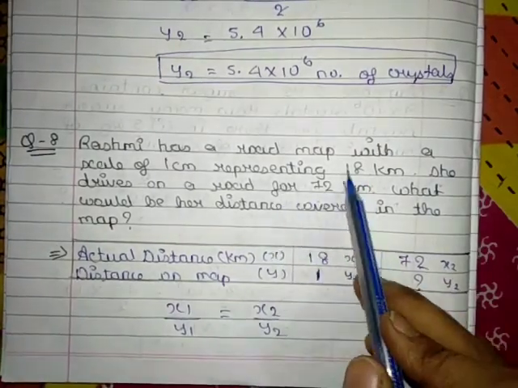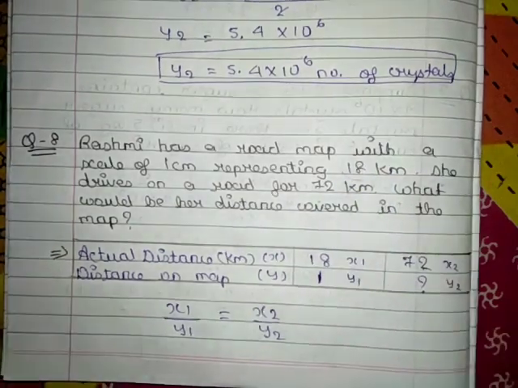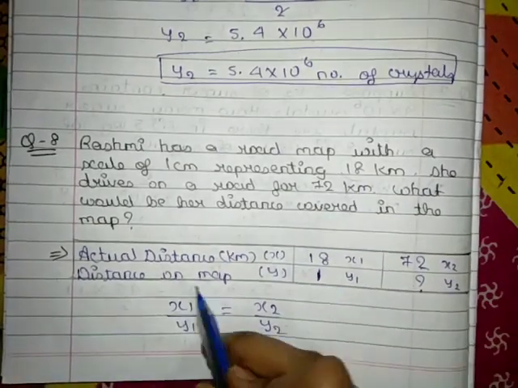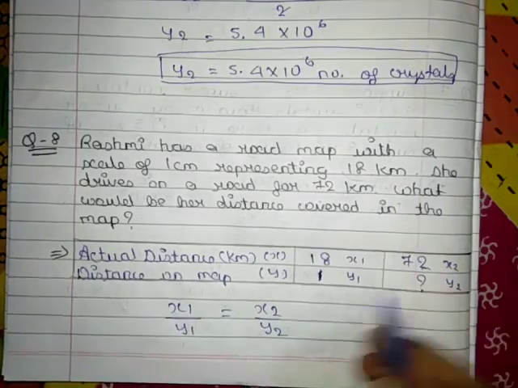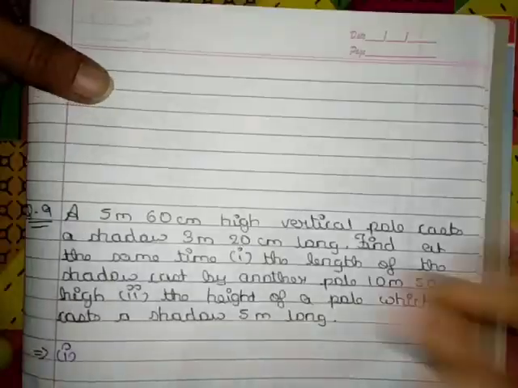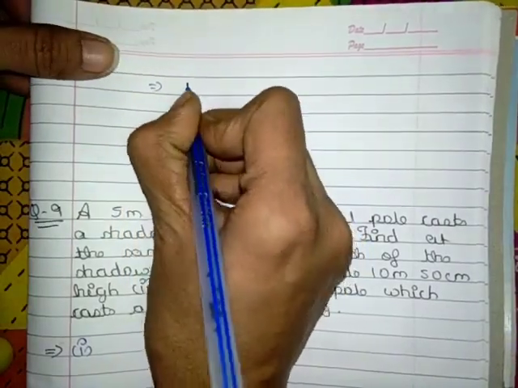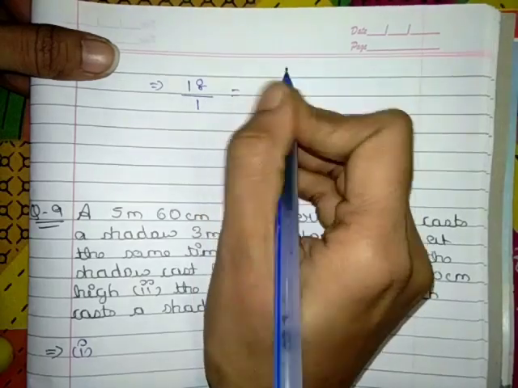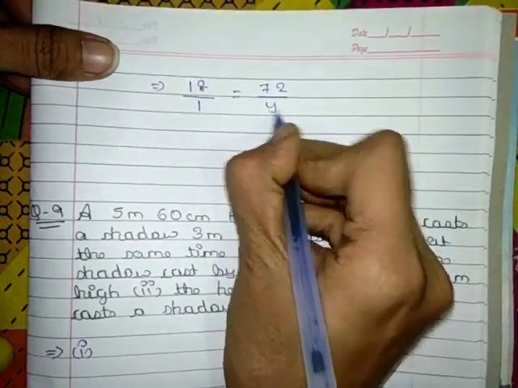So let's put all these values into the formula. x1 is nothing but 18, y1 is 1, equal to x2 which is 72, and y2 we have to find out.